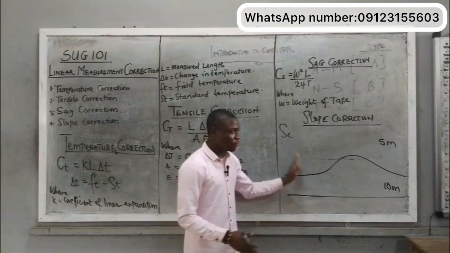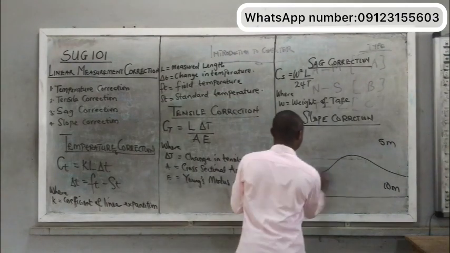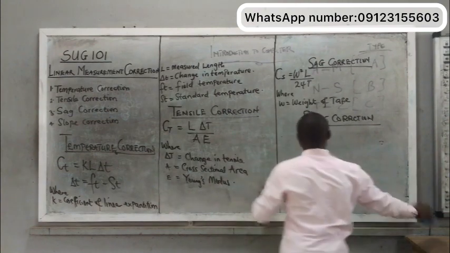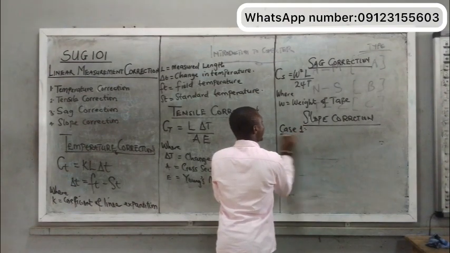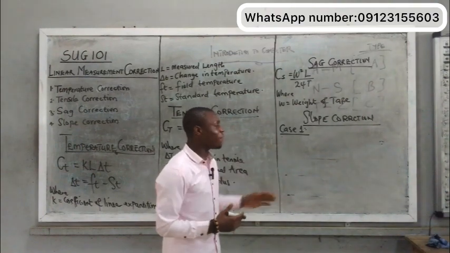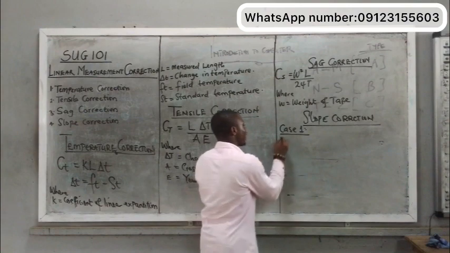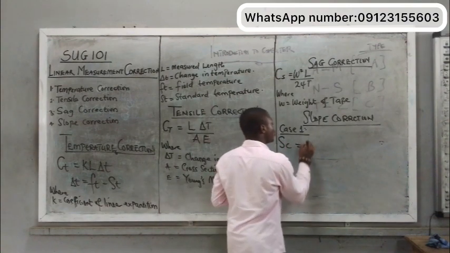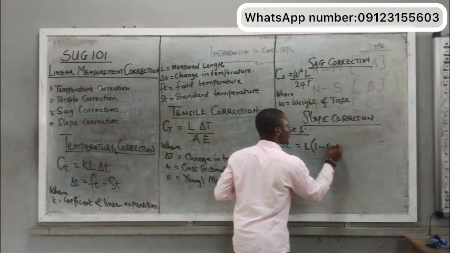They have different formulas. For case 1, having a sloping ground as I did initially, the formula is SC, slope correction, equal in value to L into 1 minus cos theta.